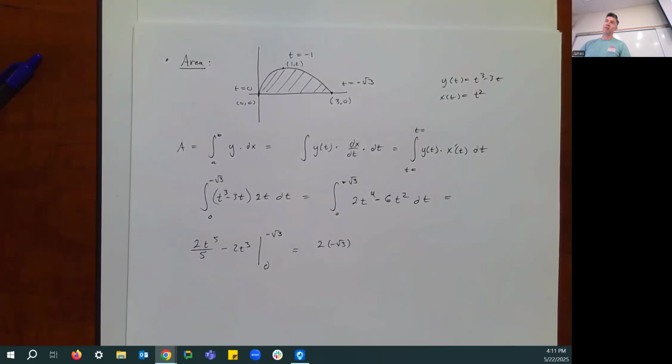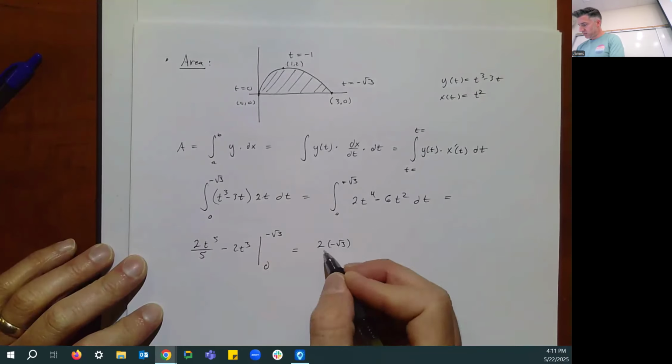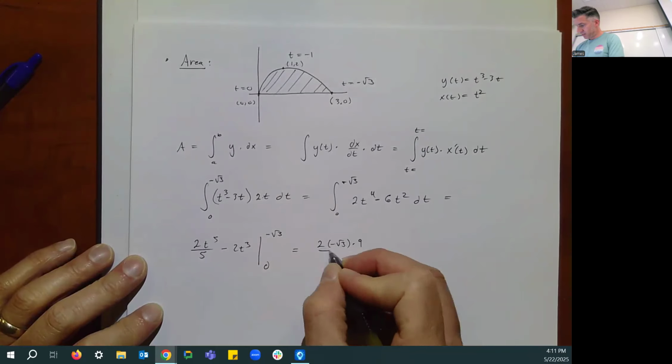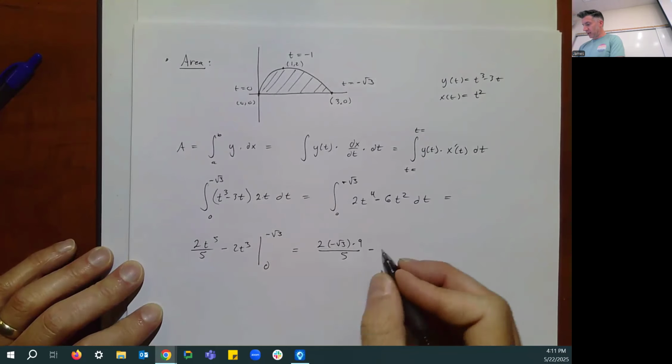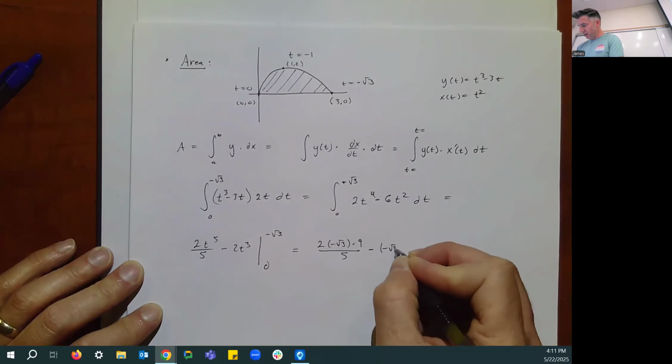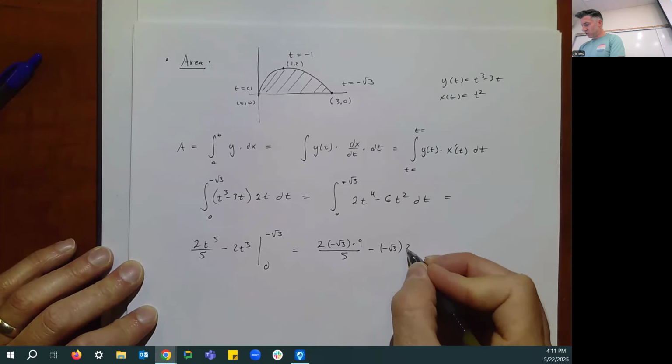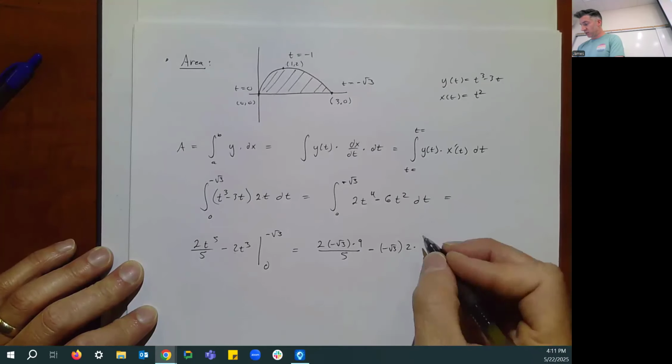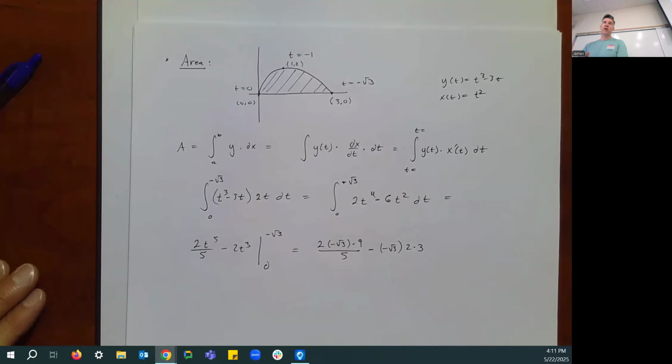It's the square root of 3 squared times the square root of 3 squared, which is 3 times 3, which is 9. And over here, minus, again, I'm going to have a -√3, and then 2 times the square root of 3 squared, which is going to be 3. And yes, I'm ignoring the negative because I'm squaring it, so it's not a big deal.